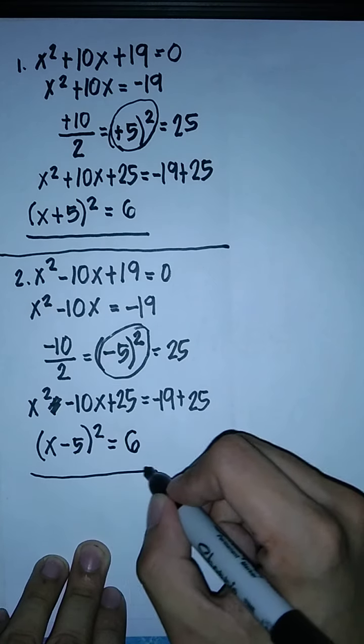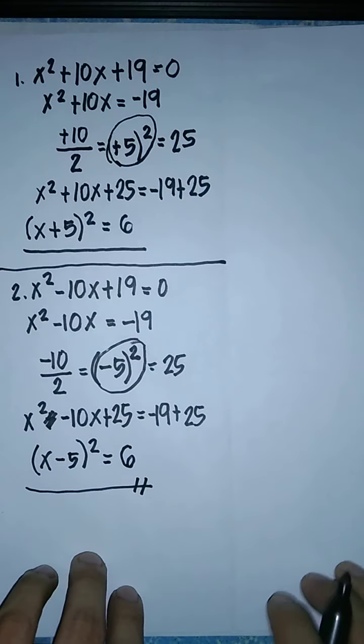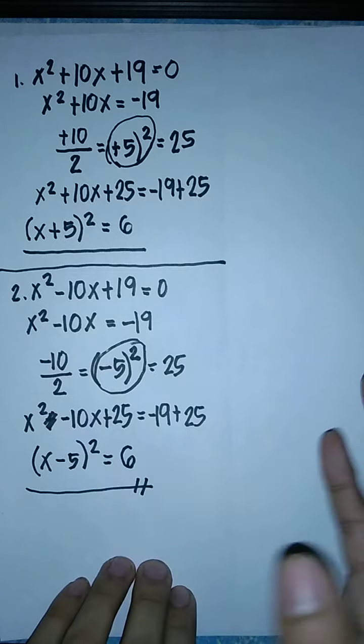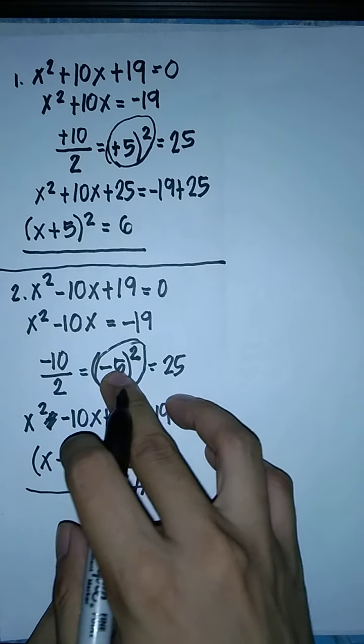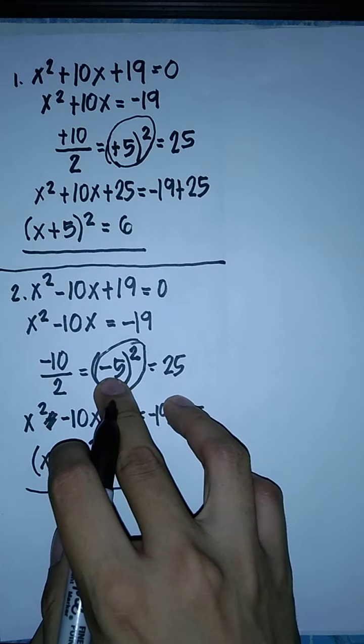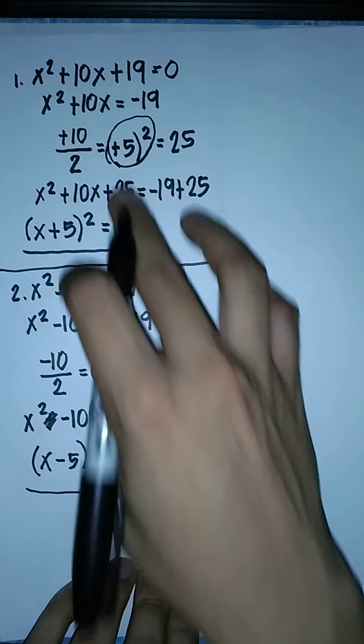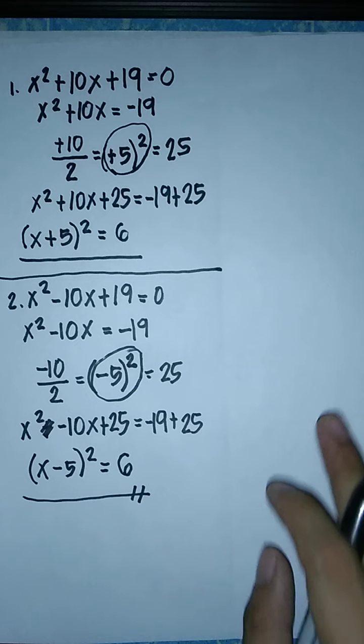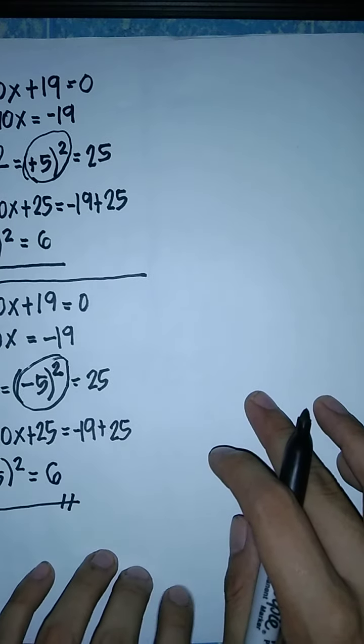And that is our completed square. So again, dun madalas nalilito yung iba pagdating sa signs ng ating second term, kasi medyo nakakalimutan nila yung sign. We have negative 5 and then we have yung positive 5. So that is very important to notice yung signs na meron ang ating given.